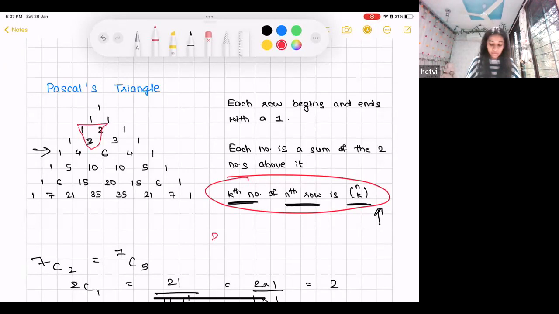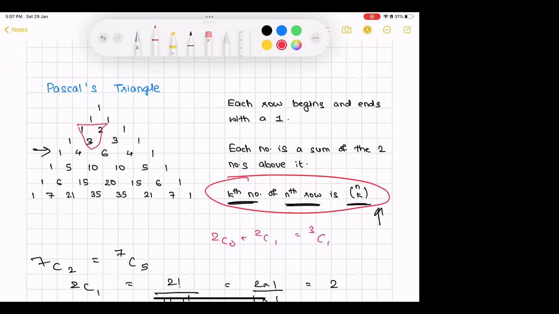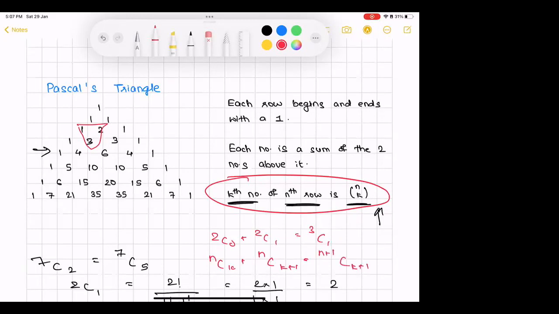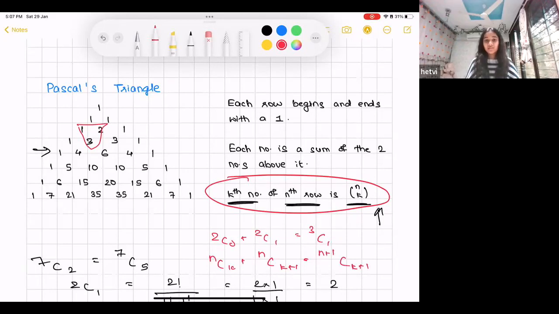Yes, that is what you have to prove. Of course it has to be because that is how we have constructed it. But what if we have to prove nCk plus nC(k plus 1) is equal to (n plus 1)C(k plus 1) for a general term? You cannot work it out for a general term.